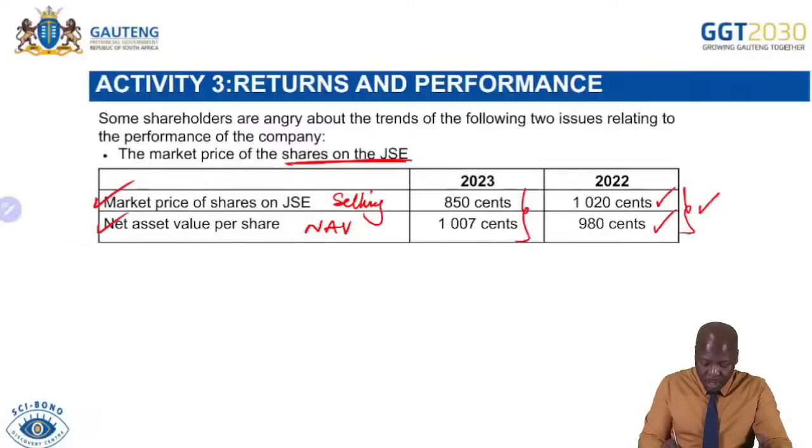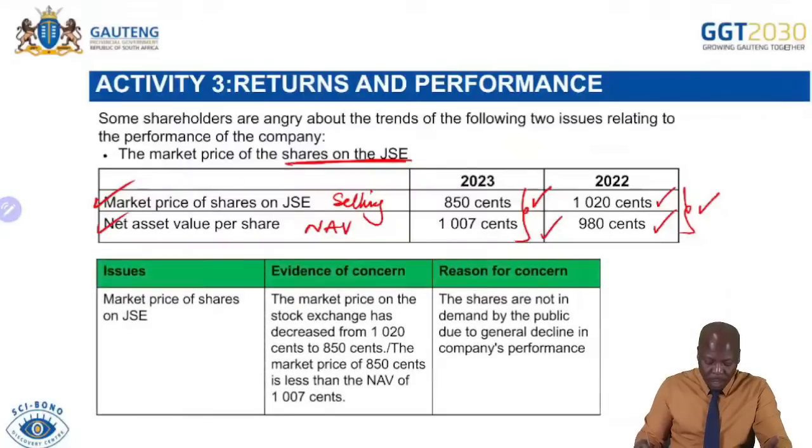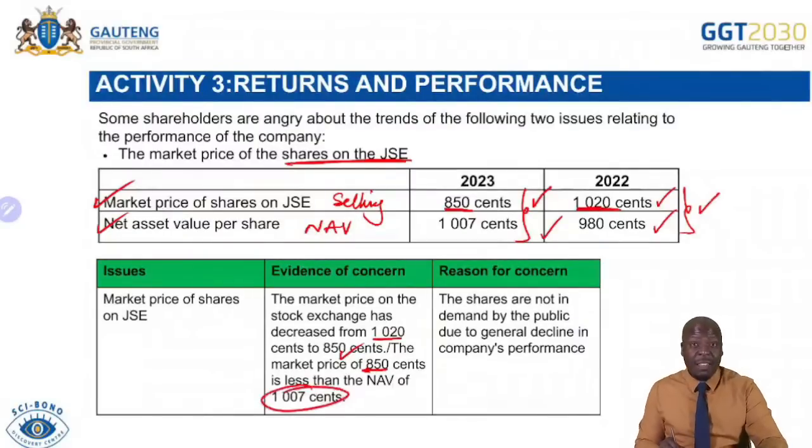But if you come to 2023, you can see that the market price has dropped and the net asset value is 1,007 cents. So the market price has dropped. So we can say the market price on the stock exchange has decreased from 1,020 cents to 850 cents, which is what you see there. The market price of 850 cents is less than the NAV.